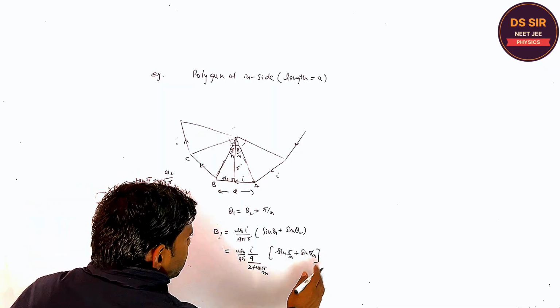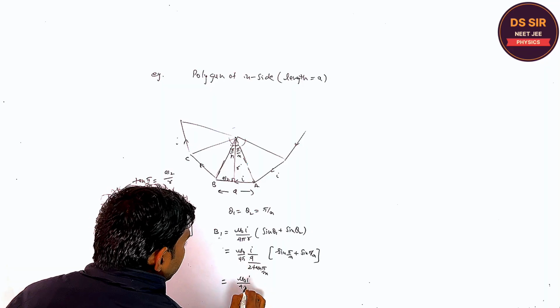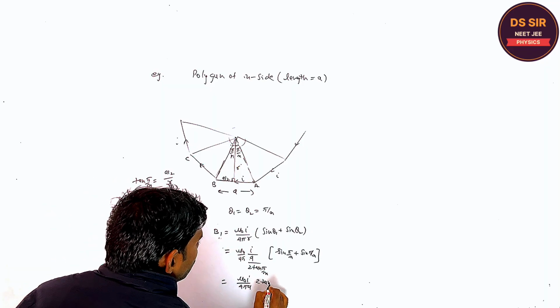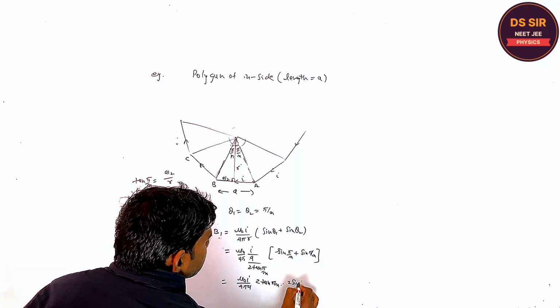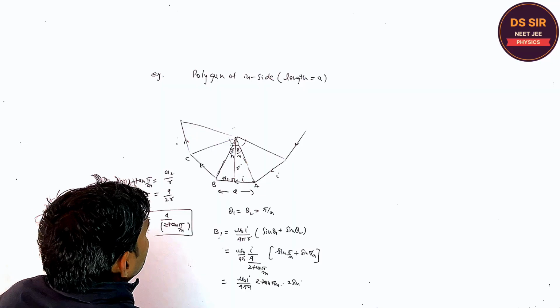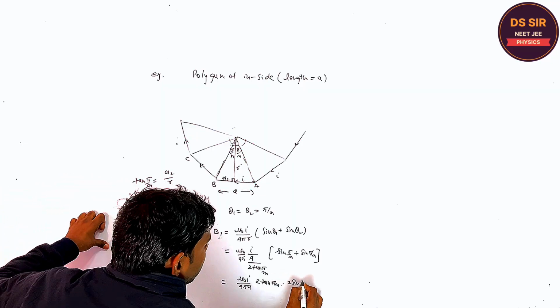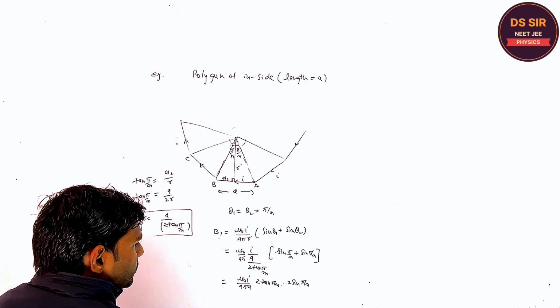Yes. You may simplify it further. This is mu naught I upon 4 pi a, right? The 2 tan pi by n goes in the numerator and the sines become 2 sine pi by n. Is it clear or not, you tell? Yes.